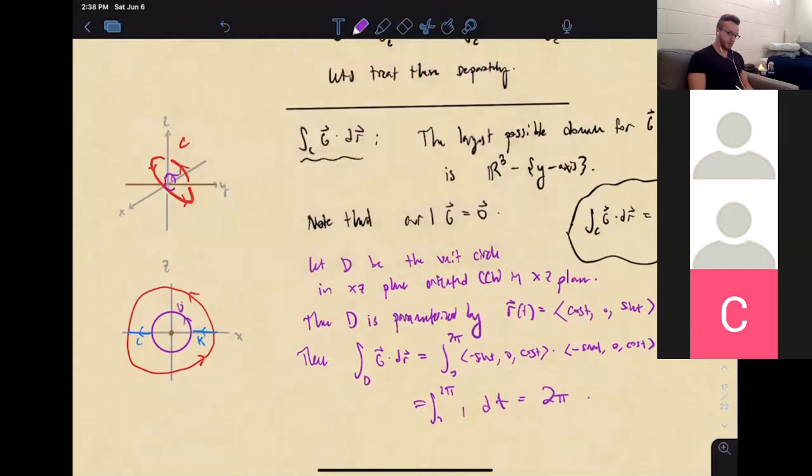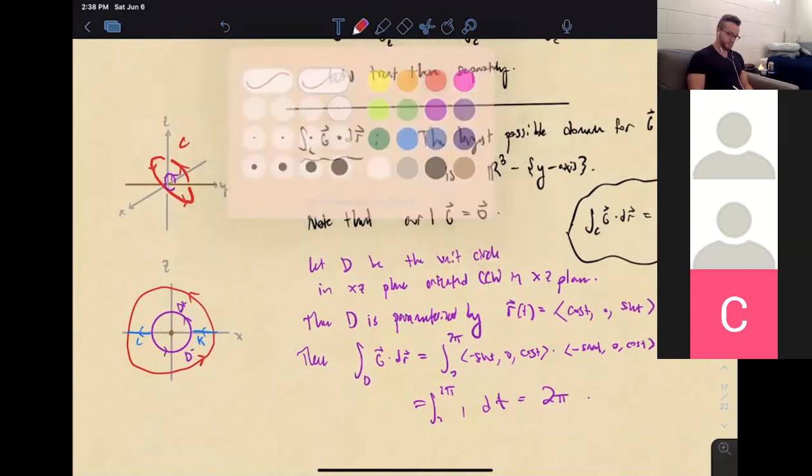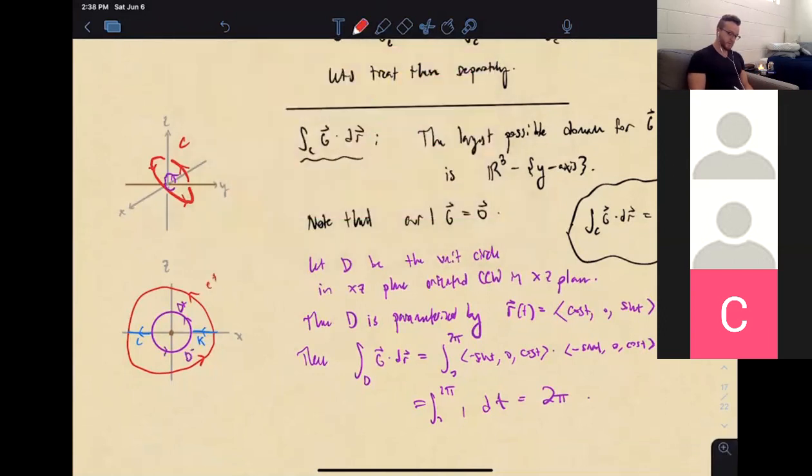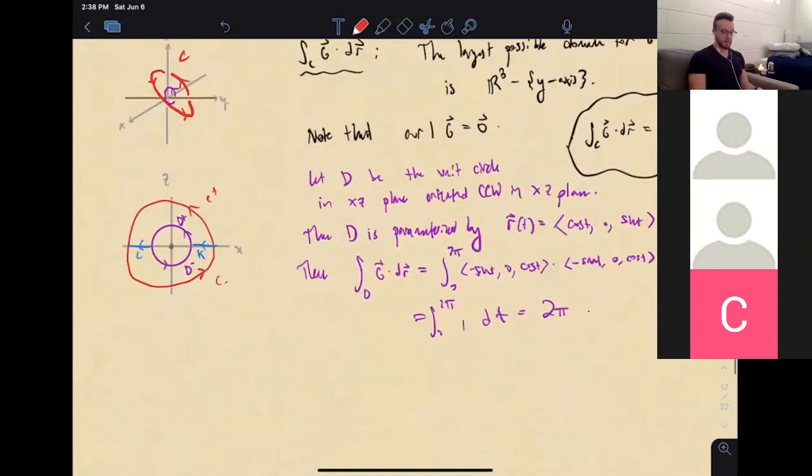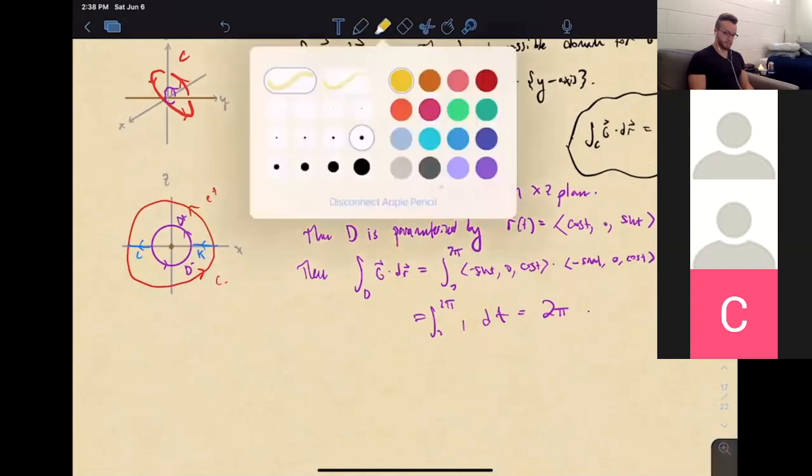Maybe this is D plus, D minus, C plus, C minus. And the idea here is that, for example, this loop is going to be contained in a simply connected domain, and I could identify that simply connected domain.